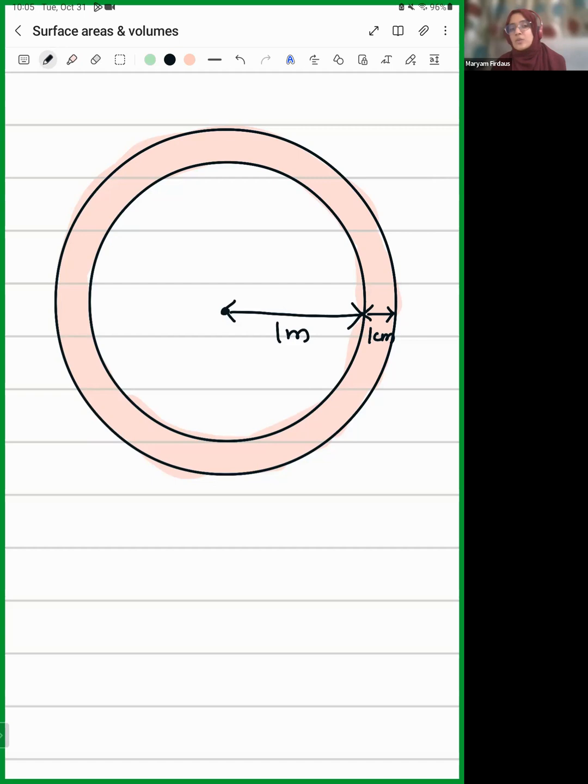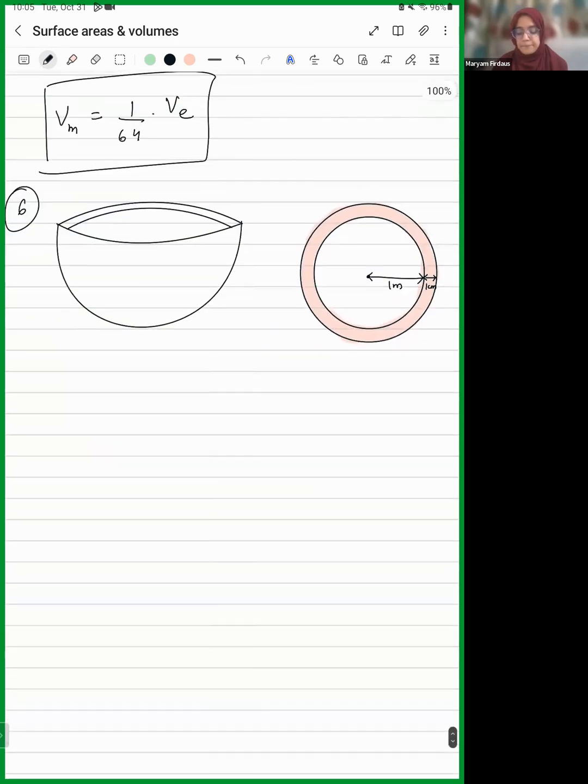So can you just visualize and think about it? What are they asking us to find here? Or what should we do in this case? We can take the volume of a hemisphere. Okay, volume of hemisphere. But remember, over here there are going to be two hemispheres. One is going to be the outer one and one is going to be the inner one.